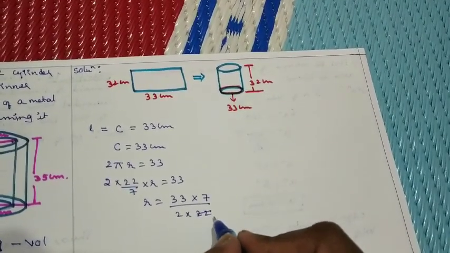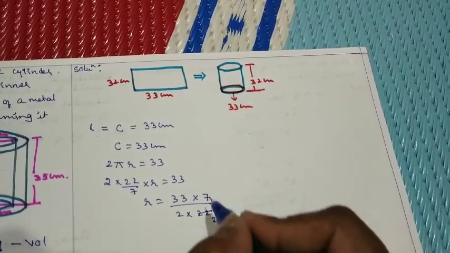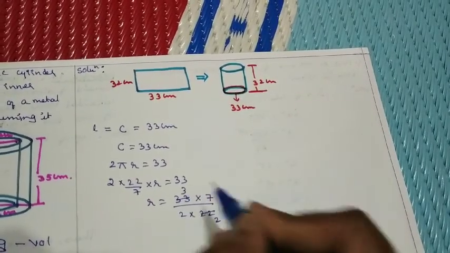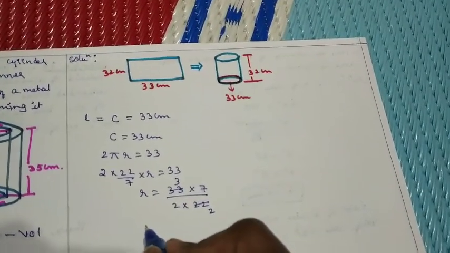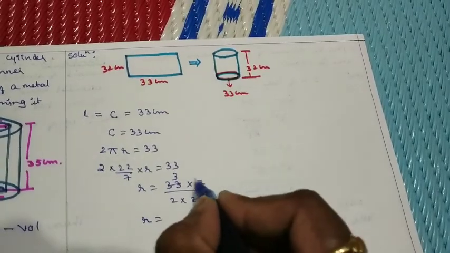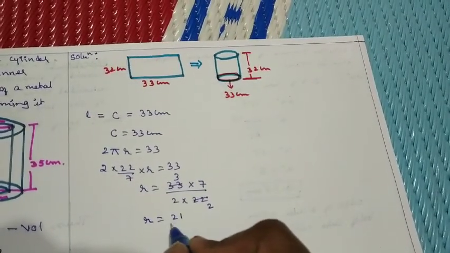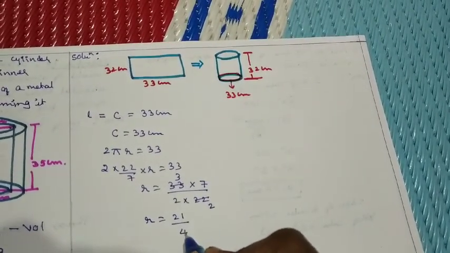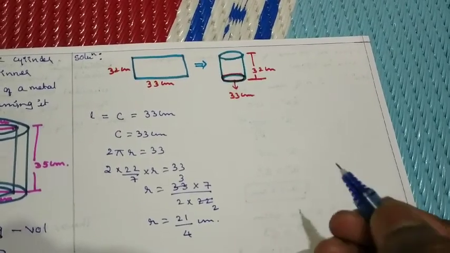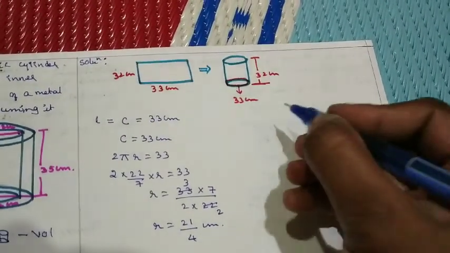So 22 means 11 table will cancel. 11 2s are 22, 11 3s are 33. Further cancellation is not possible. Then radius equal to 7 3s are 21 divided by 2 2s are 4 centimeter. This is the radius of the cylinder.